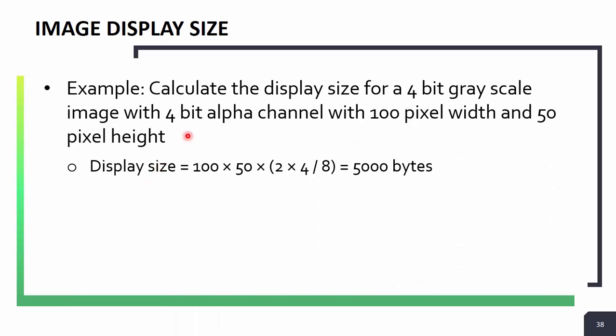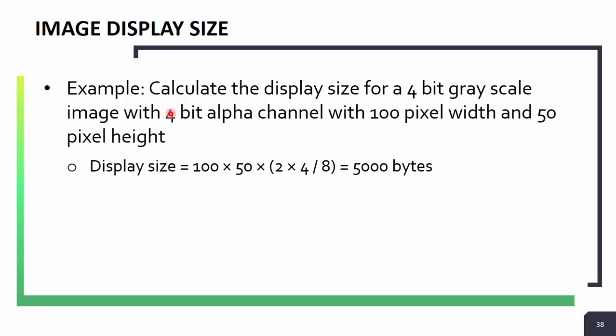Example, calculate the display size for a 4-bit grayscale image with 4-bit alpha channel with 100 pixel width and 50 pixel height. So maybe we calculate the number of bits per pixel first. 4 bits for grayscale, this is not color, it's grayscale, and 4 bits for alpha channel.